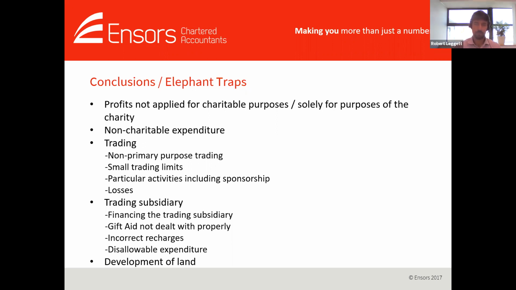So disposals of land, and whether they are for a fixed sum or whether you might get dragged into those transactions in land rules. And if you can keep an eye out for all of those and make sure that you don't fall foul of them, then the statement at the start is quite correct, because then a charity won't pay direct tax. But those are all the ways that you can do.